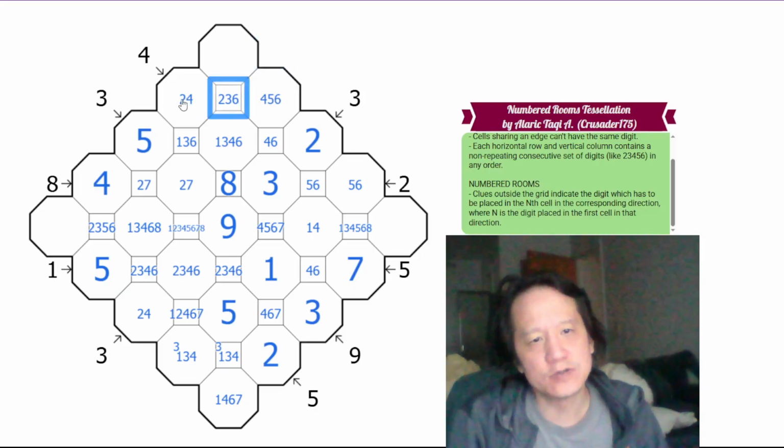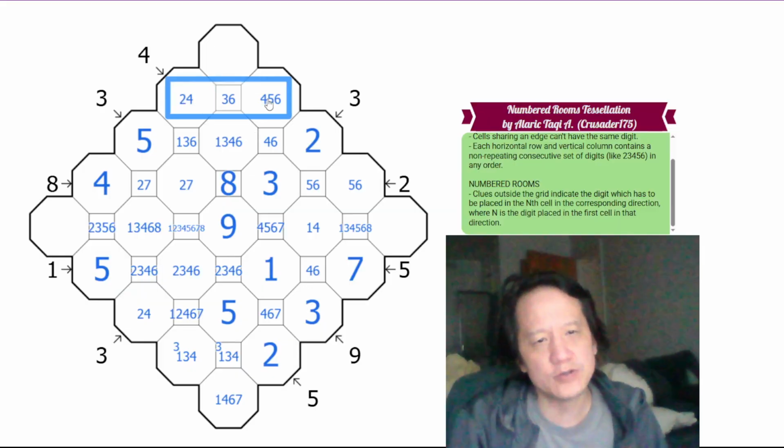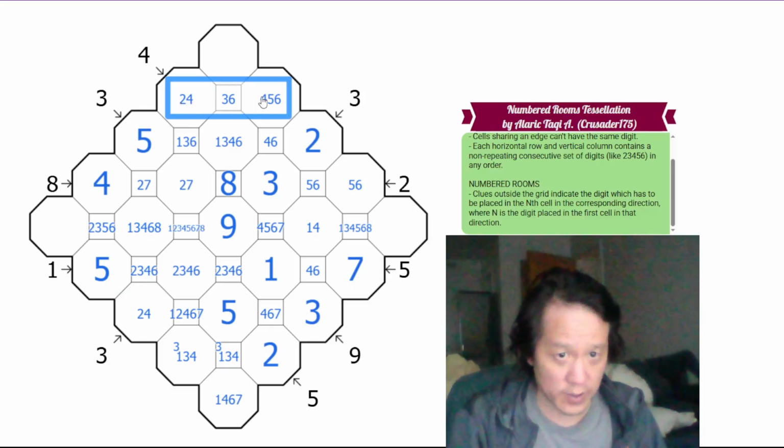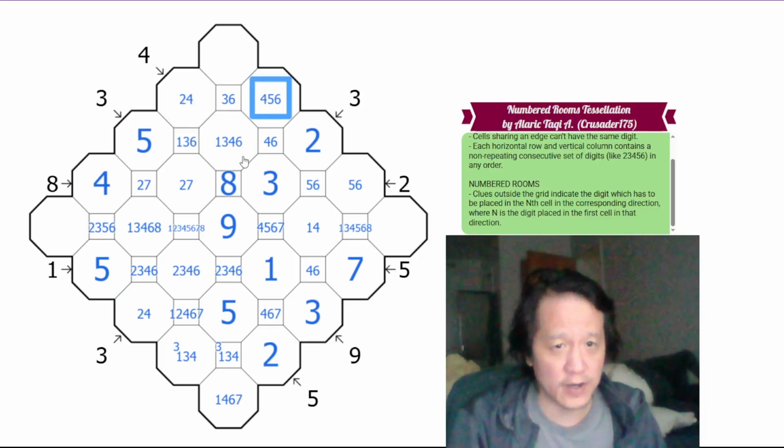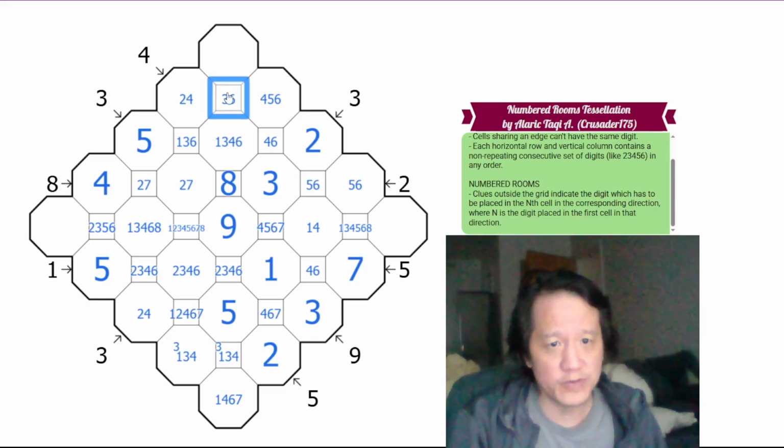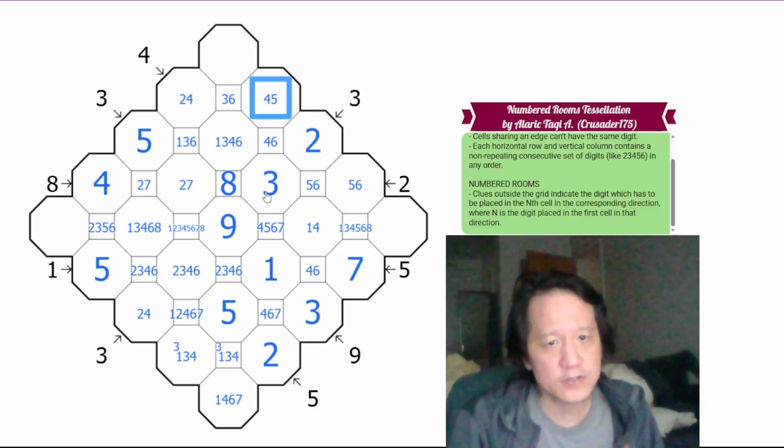So if this is 4, this can't be 2, because it has to be 2, 3, 4 that way. It could be 3, 4, 5. It could be 4, 6, and 5. So this can't be 6 here.